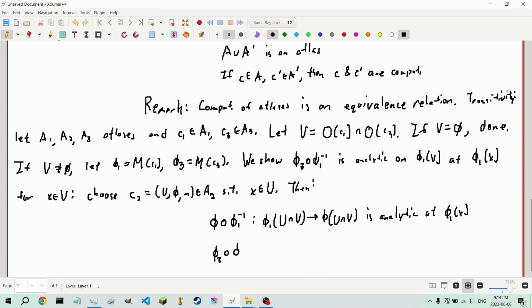and the map likewise from the image of U intersect V under phi to the image of the intersection of U and V under phi_3 is then analytic at phi(x). So we can kind of change what the function acting on x is with these maps.